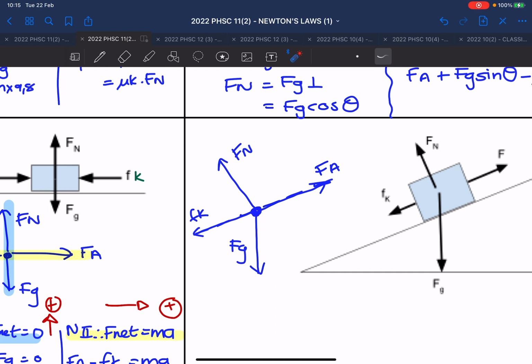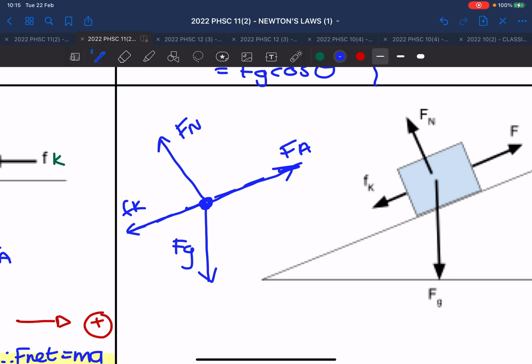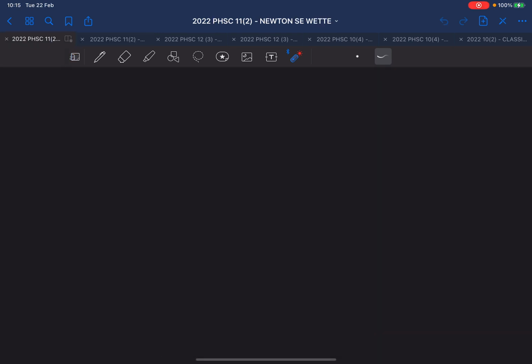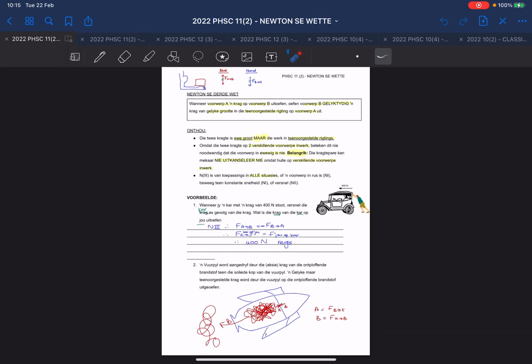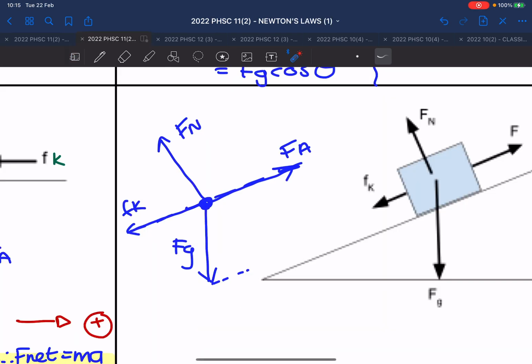Are you going to leave it there, or what are you going to do? You're going to split Fg into its perpendicular components. So you put your ruler on your inclined plane and make dotted lines there. Then you put your ruler so that it's perpendicular to the surface, and you go down.